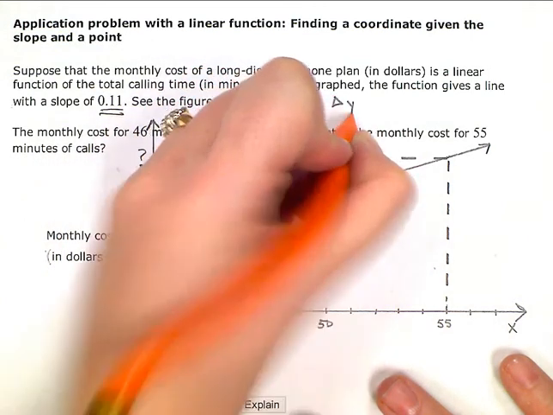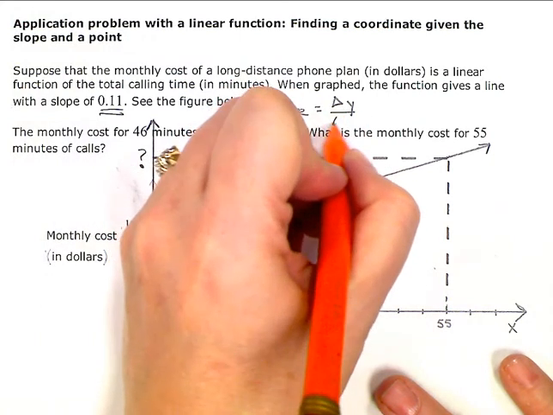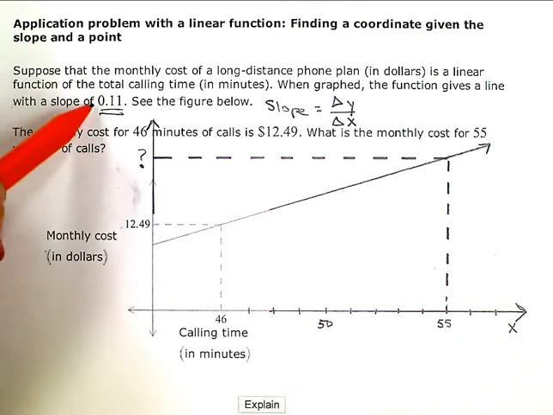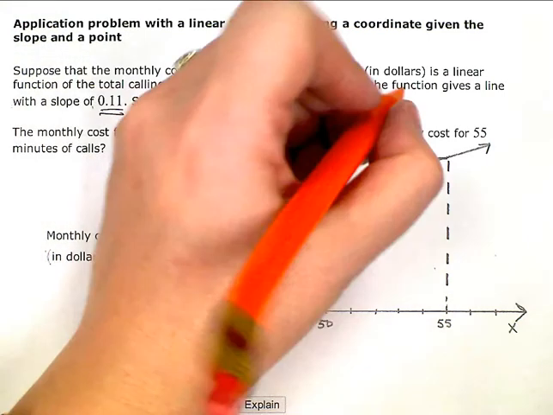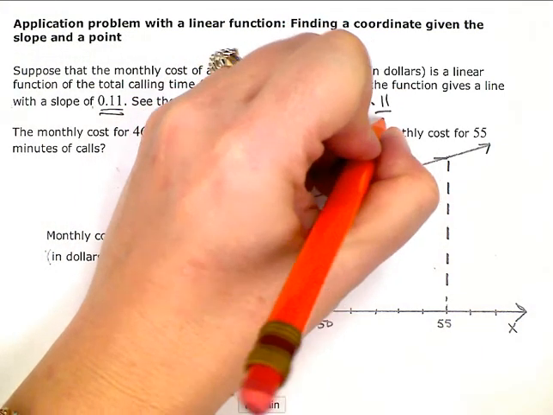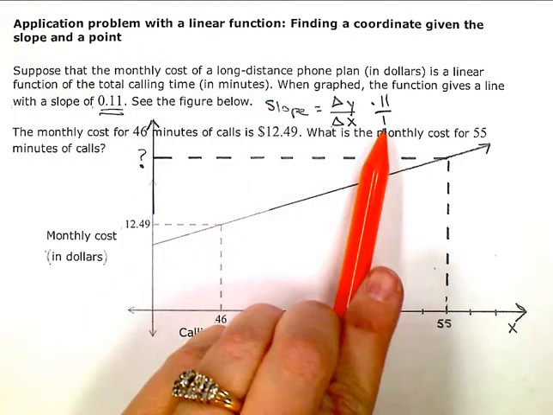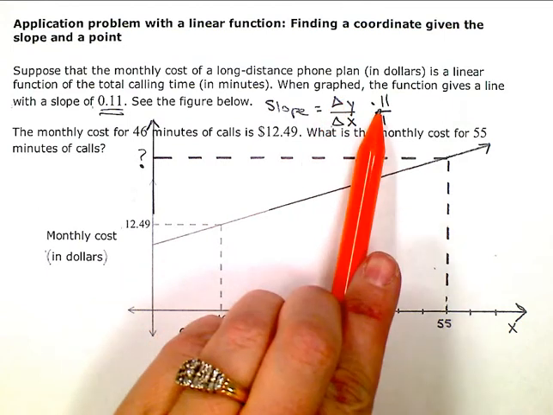That little triangle means the change in y over the change in x. Okay? So this is a decimal right now. If I write it as a fraction, that would be 0.11 over 1. So that means every time x changes by 1 unit, y is going to change by 11 cents.